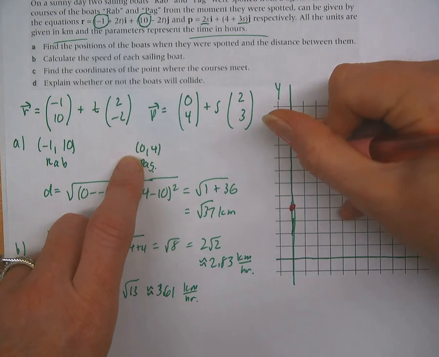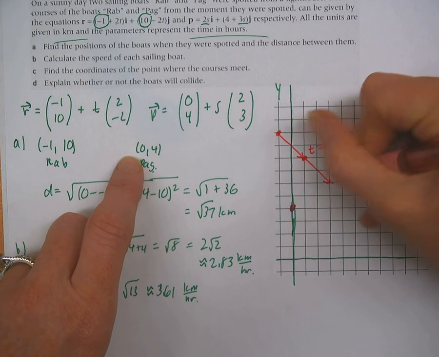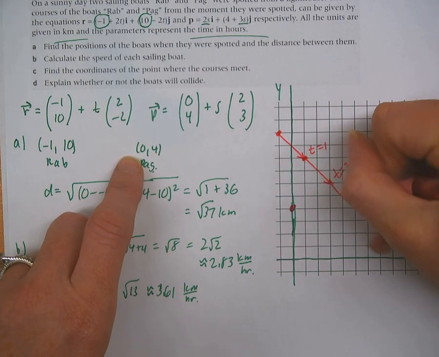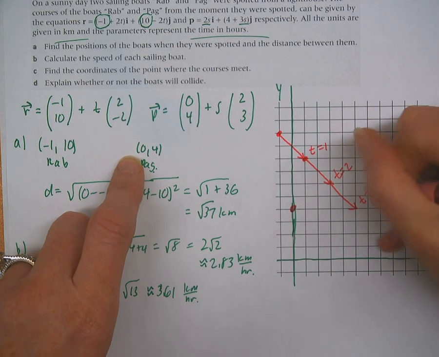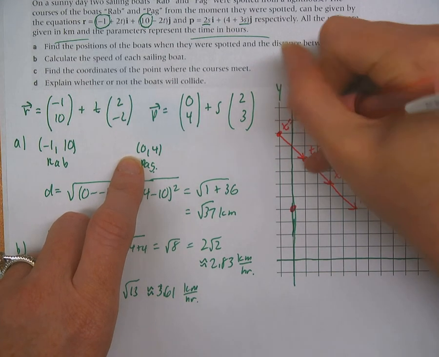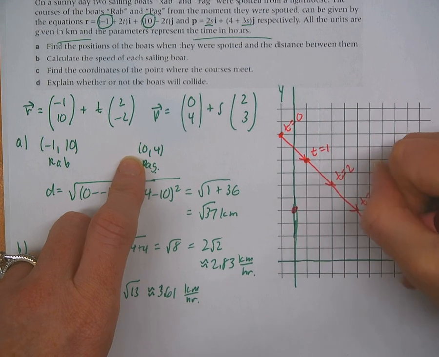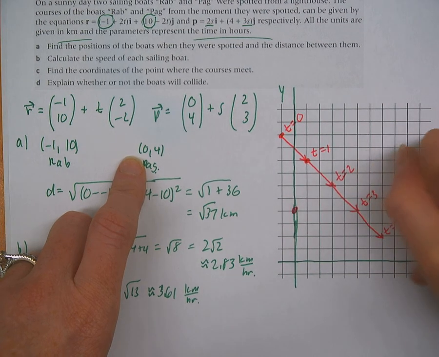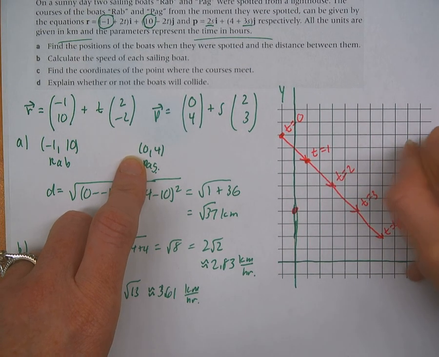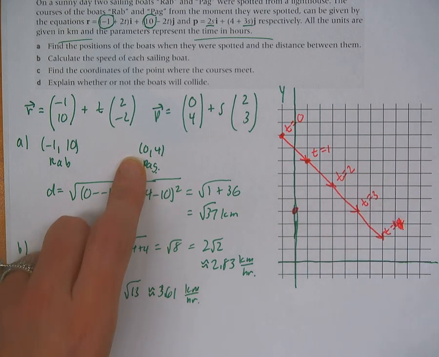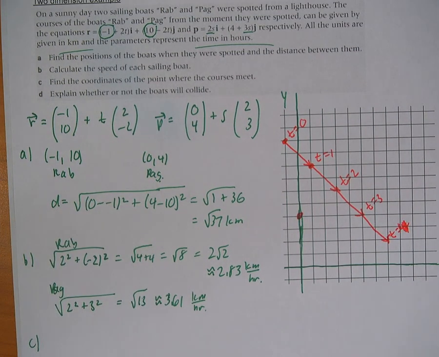And so I can just continue doing that and show where I'm at a couple different times. So after 2 hours, after 3 hours, this would be after 0 hours, after 4 hours. Oops, 4 hours. And I can do the same thing with PAG.